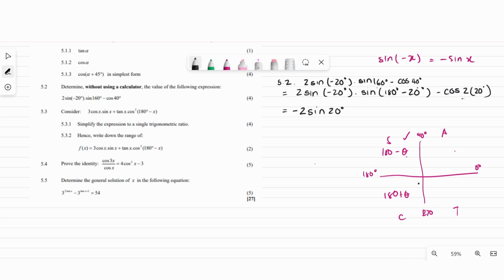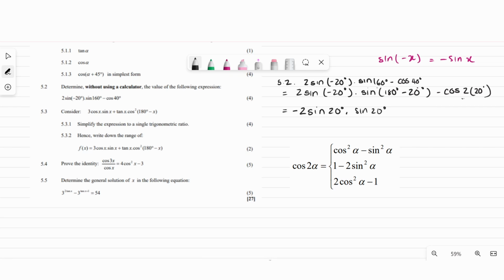So let's do that. Then the last one, we're going to use an identity since cos 2 theta, or 2x. And if you go down in the formula sheet, I'll put a picture on the side, it has 3 options. So I'm going to use the one that has sine. So it's going to be minus, open bracket 1.